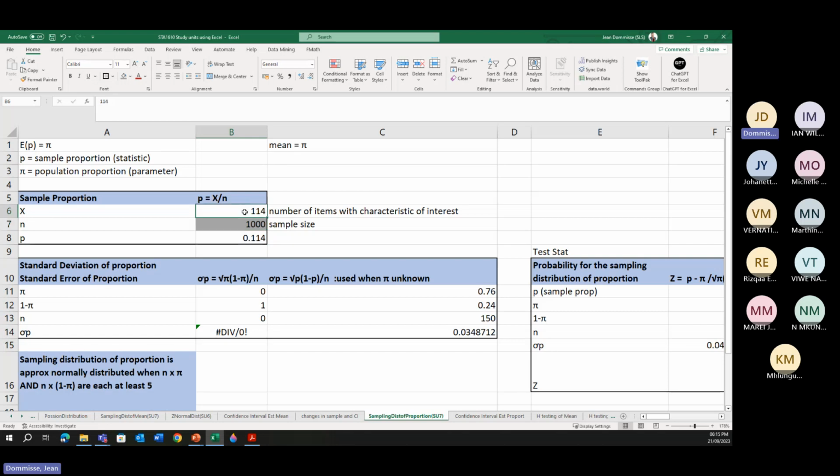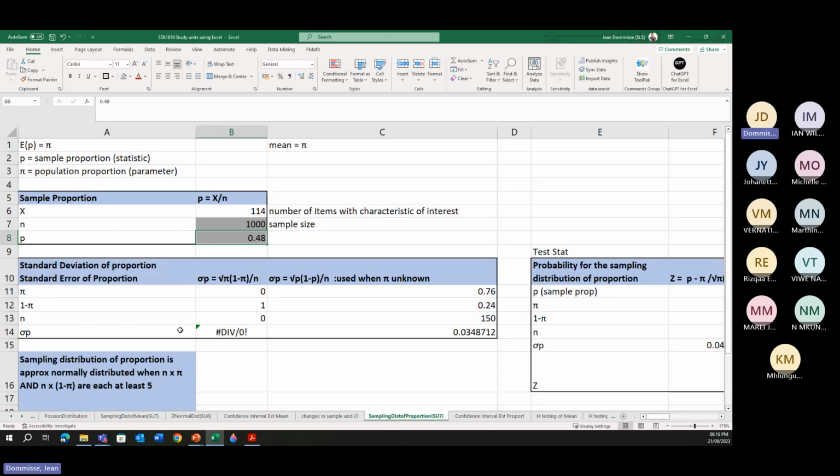They didn't give us X, but they told us what that proportion was, and that proportion was 0.48. Let's just put in 0.48. Okay, so that is two of the components.